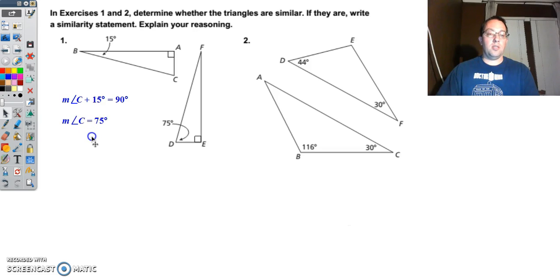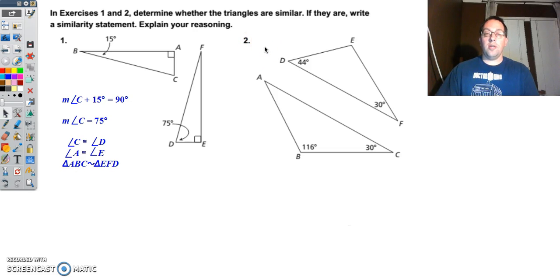So that means that the measure of angle C is 75 degrees, and that does match up with the measure of angle D. So angle C and angle D are congruent. Angle A and angle E are congruent. Triangle ABC must be similar to triangle EFD by angle-angle similarity. Alright? So, simple enough, not too big a deal.